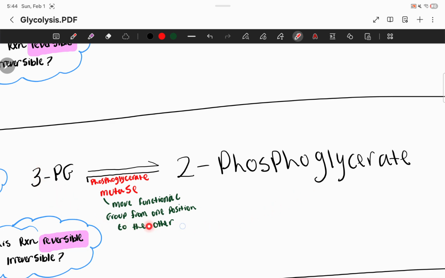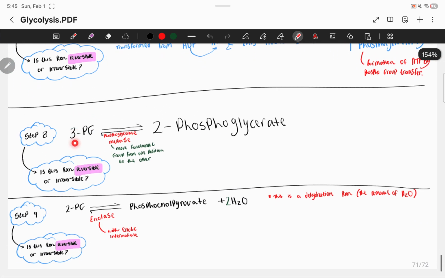Those two are isomers of each other, and since they are isomers, we use an enzyme called mutase. Instead of isomerase, mutase is also for isomers. Basically, we're moving the phosphate group from the 3 to the 2. The full enzyme is called phosphoglycerate mutase, meaning move a functional group from one position to another, from the 3 position to the 2 position.